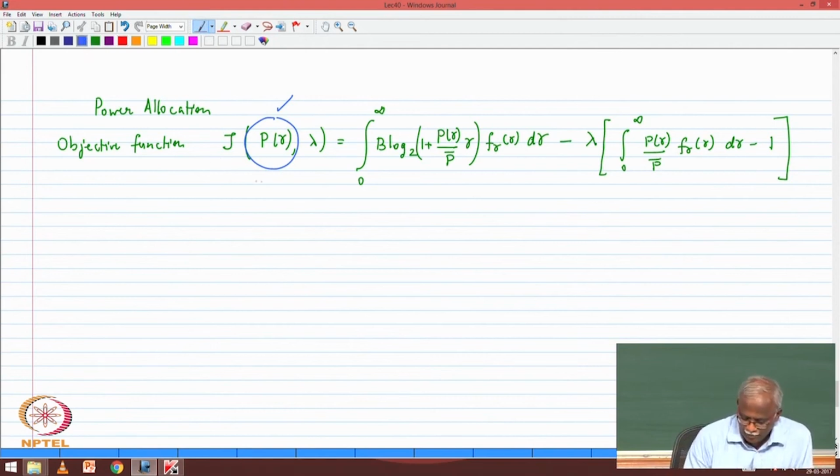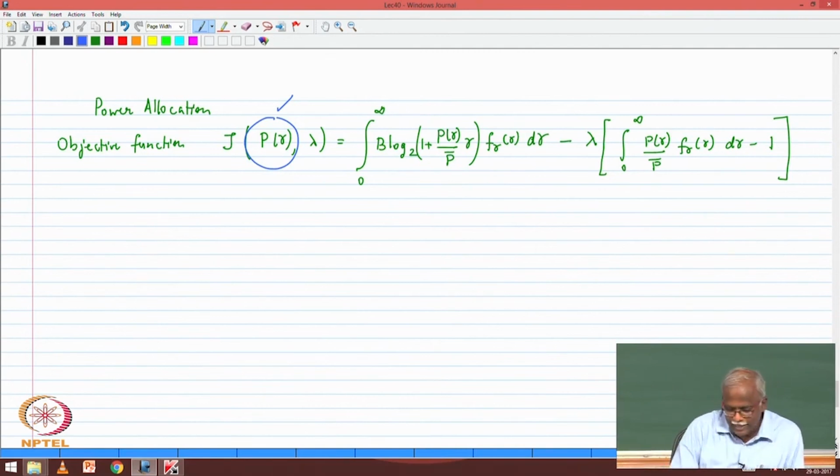Typically in our optimization problems, you have an objective function, and the Lagrangian technique also incorporates into the objective function the constraints on the variables of optimization. So one thing that we are going to do, which you may not be familiar with, is to treat, see, P of gamma is a function. Right? For each gamma, you have to specify P. So I'm going to treat P of gamma as if it were a single variable. Okay?